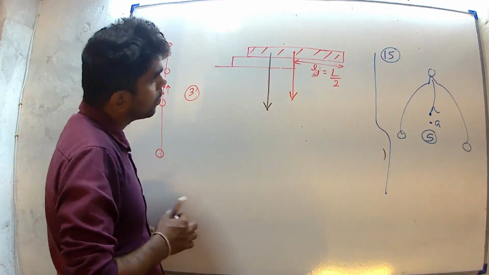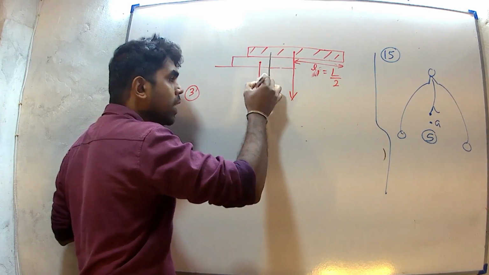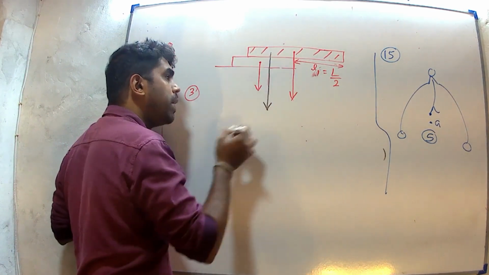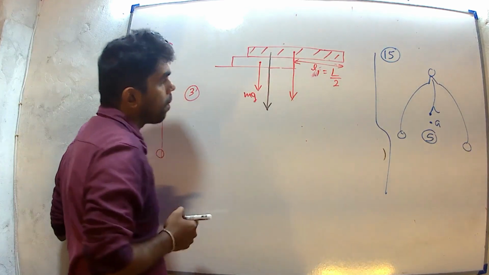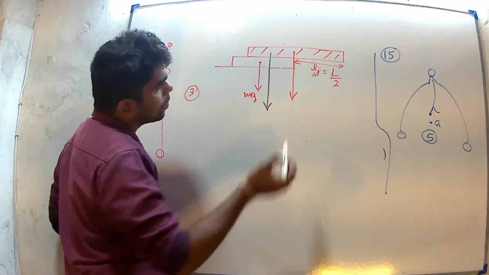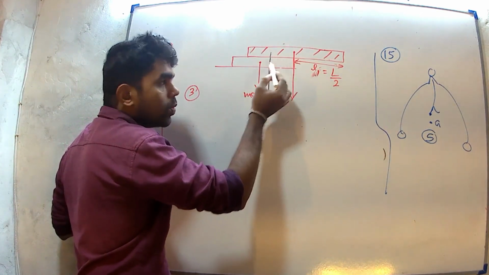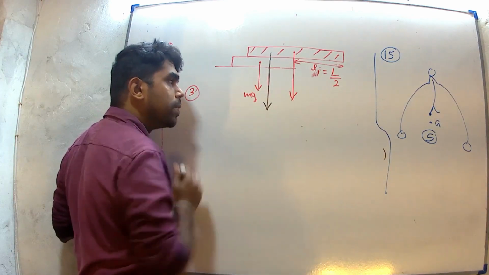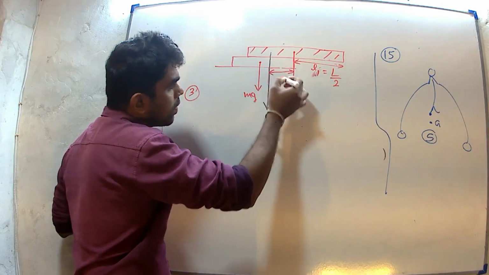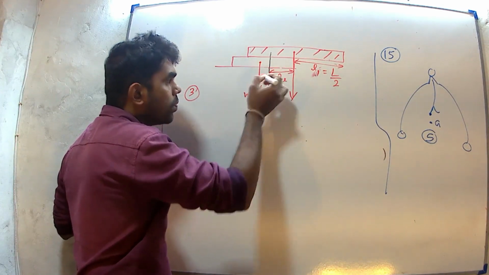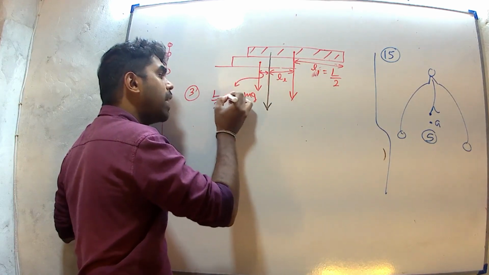Now we can consider the weight of this brick, mg. We know that the distance from this edge to this point is L over 2. Weight is acting at the midpoint. Therefore, when this length is L2, this part should be L over 2 minus L2.